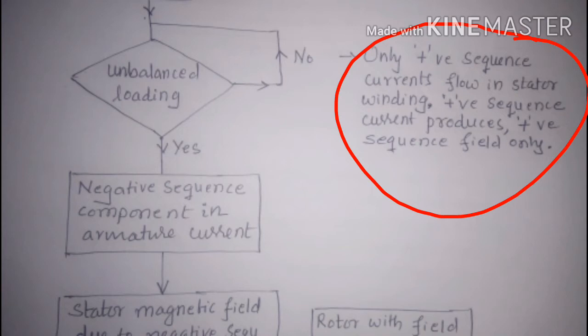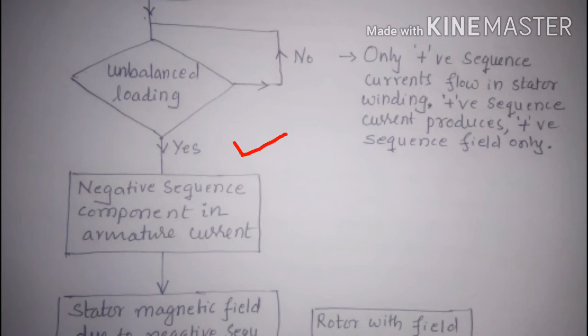Since the rotor of alternator also rotates at synchronous speed, the relative speed between stator produced rotating magnetic field and the rotor is zero. Therefore, no EMF will be induced in the rotor winding because of the stator produced magnetic field.